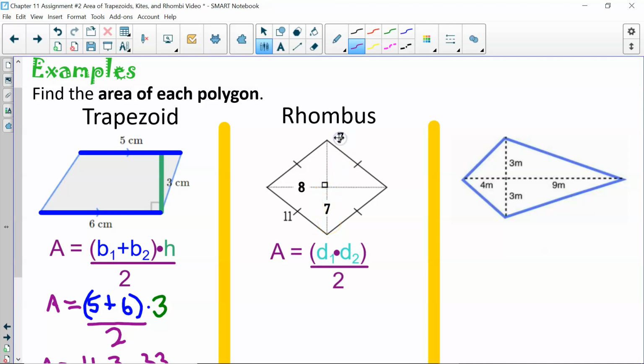So I know that if the bottom portion is 7, that top portion is 7, so my whole length of my vertical diagonal is 7 plus 7, which is 14. And then I also know that if this half on the left for my horizontal diagonal is 8, the right half also is 8. So the entire diagonal is 16.